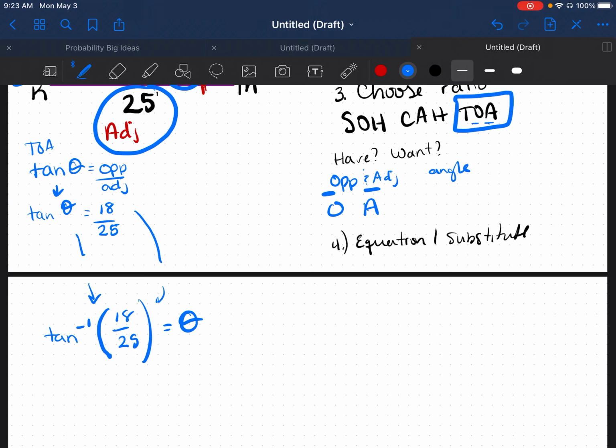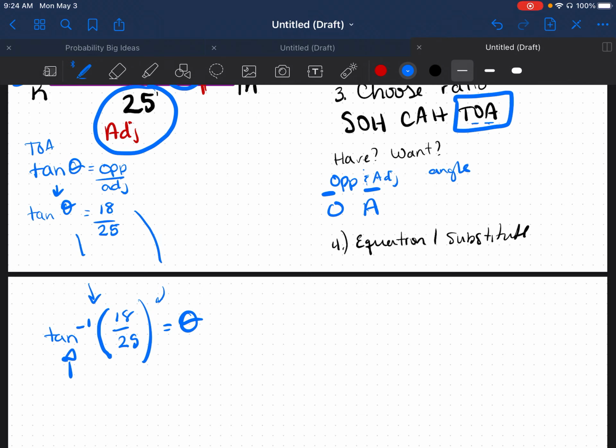I'm going to put this into my calculator, and I'm using the Desmos calculator, so you may have to change it and press a function on the Desmos calculator. You might have to press second if you're using your phone, so that I can find not regular tan, inverse tan.